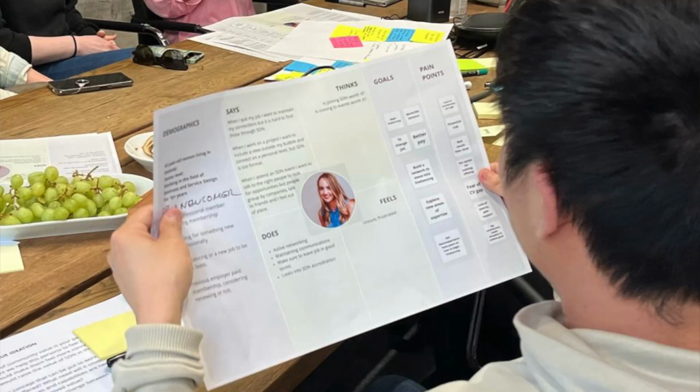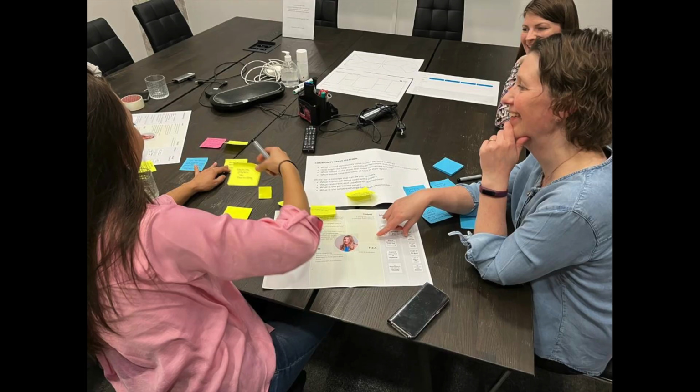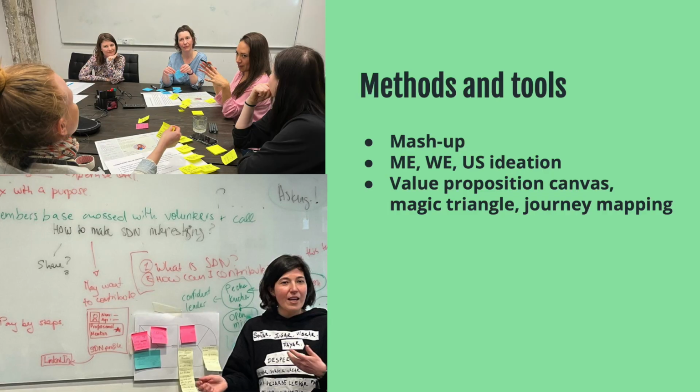Then we had them form the teams. Online was separate, but on site we formed 2 teams. They had 1 persona each. They were using me, we, us ideation: first themselves, then in pairs, and then all together. We gave them system maps, user journey maps, and a few canvases to use if they wanted.